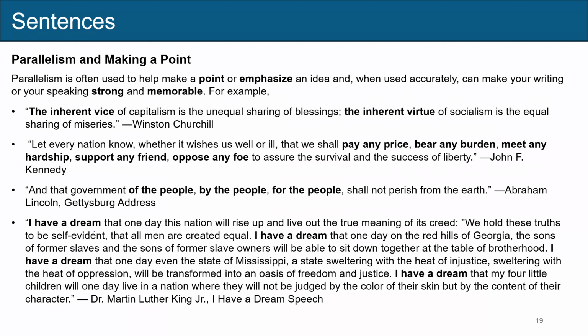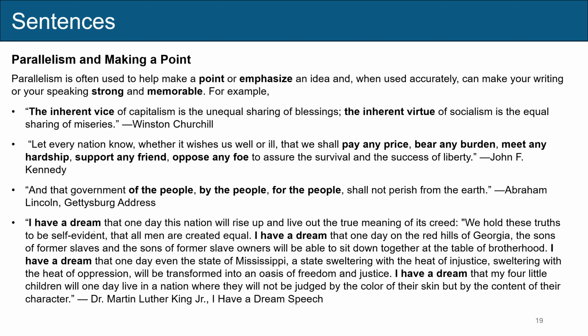Commercials are often really good at using parallelism because they're trying to make a point about how great their product is and also make it memorable. Well, we have some examples of this in English writing and English speeches. The inherent vice of capitalism, the inherent virtue of socialism. So we're copying that sort of same structure there.